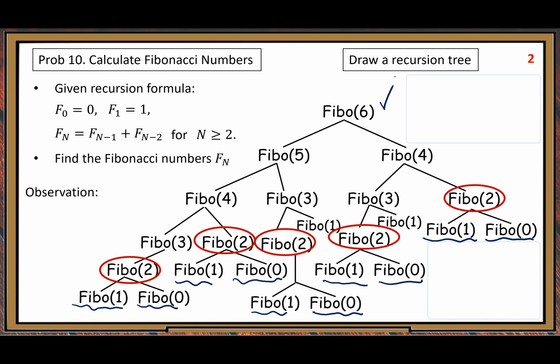You can see 5 times, right? In order to calculate Fibonacci of 6, based on the recursion, this same number we need to calculate 5 times.